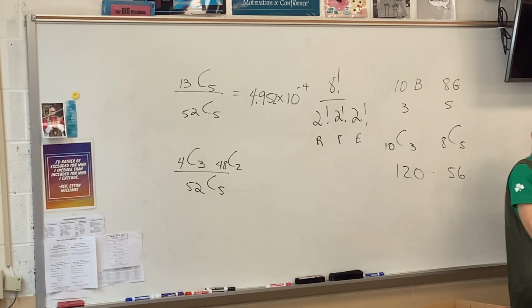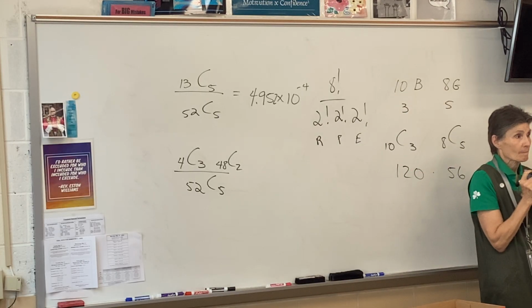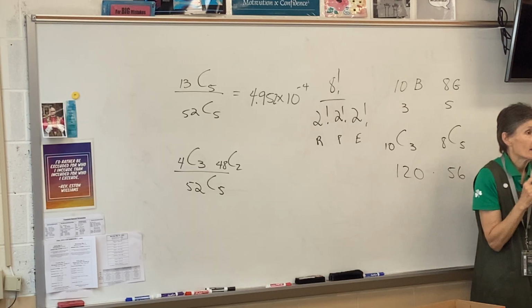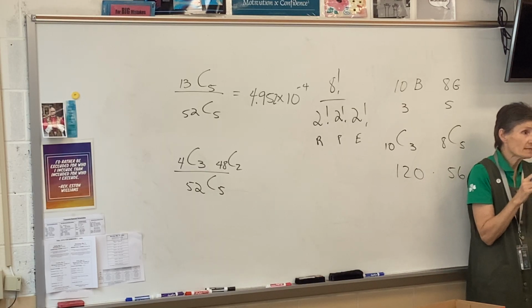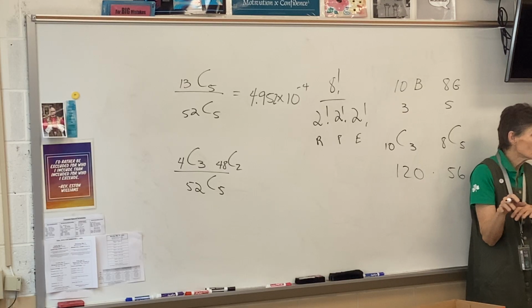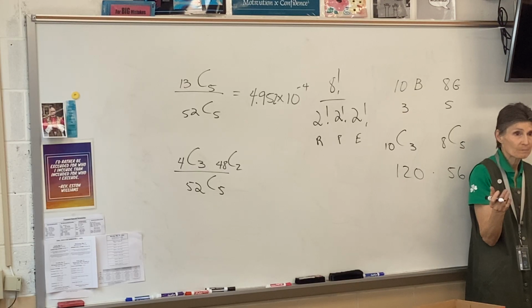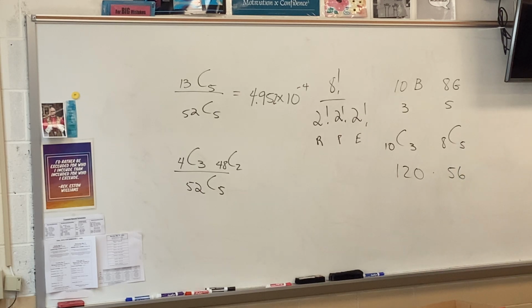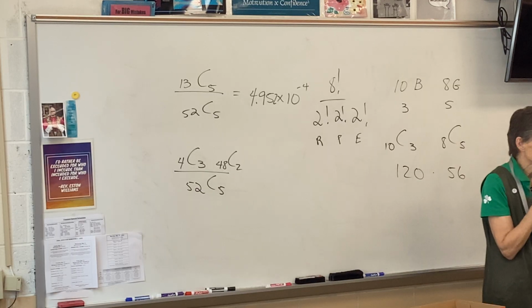Why do I need that? Because I gotta have 5 cards. And if 3 of them are aces, then the other 2 are something else. And how many something else cards are there? 48. I'm picking 2 out of that 48.